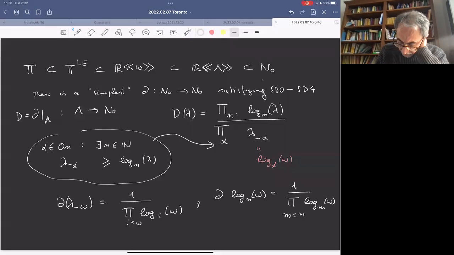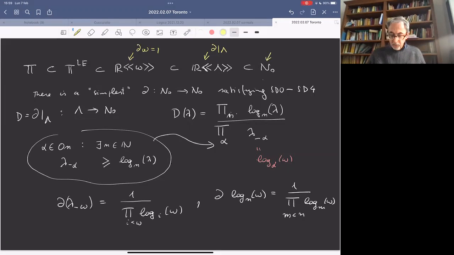Here everything is determined by the restriction of delta to lambda. Here everything is determined by nothing, the fact that the derivative of omega is 1. And on the surreal numbers, we have some choice. So there are several derivatives.